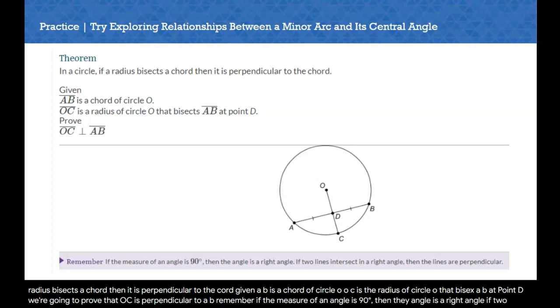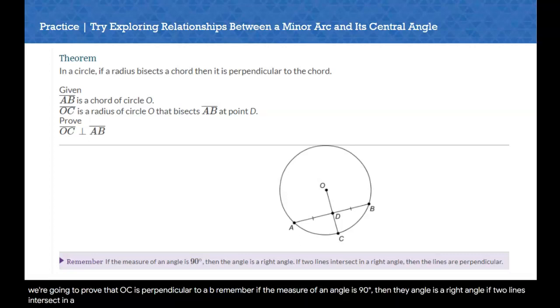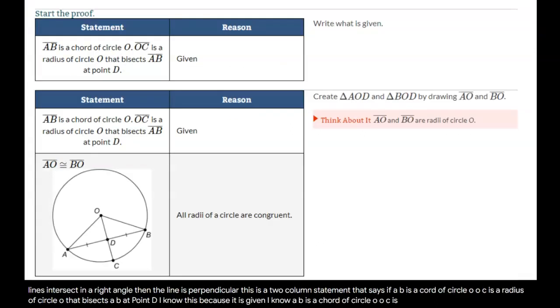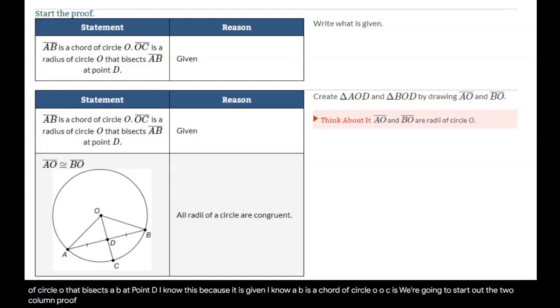If two lines intersect in a right angle, then the lines are perpendicular. Here we're going to start out the two-column proof with our statement and our reason. Remember from previous lessons that our statement says, I know, and our reason says, because.